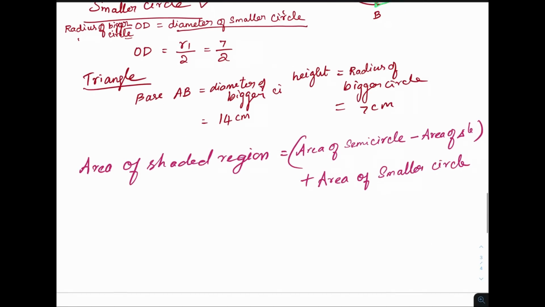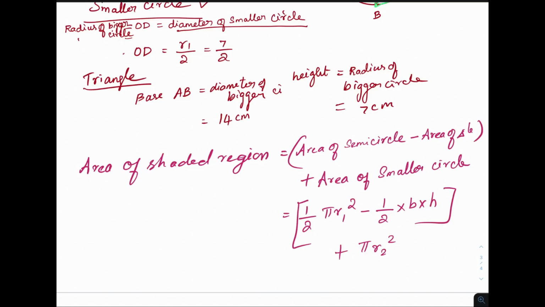So what is the area of the semicircle? Half into pi r1 square, where R1 is the radius of the bigger circle, minus half into base into height, plus the area of the smaller circle, which is pi r2 square.